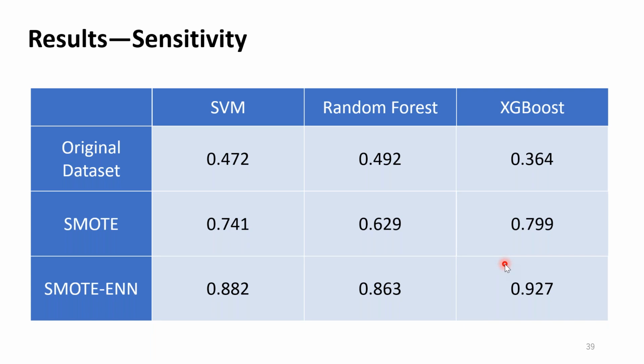So let me go on to the sensitivity. As shown in the table, for all the classifiers, the values of sensitivity are the lowest when we use the original dataset here.